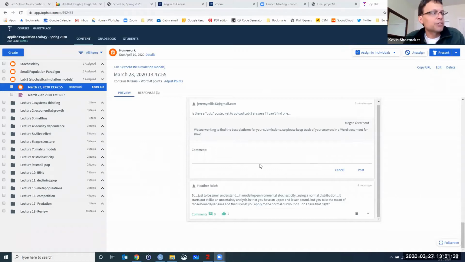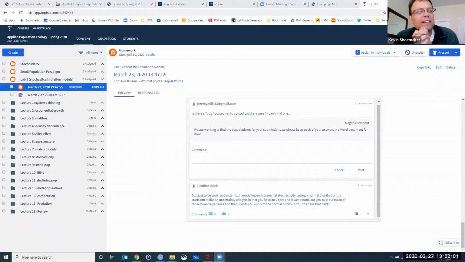And what I'm going to do is respond to a question that Heather posed, which is, in modeling environmental stochasticity using a normal distribution, does it start out like an uncertainty analysis in that you have an upper and lower bound, but then you take the mean of those bounds or the variance, and that's what you apply to the normal distribution?